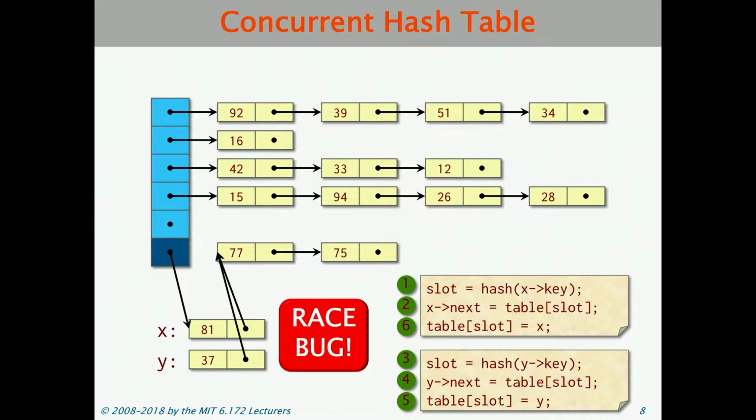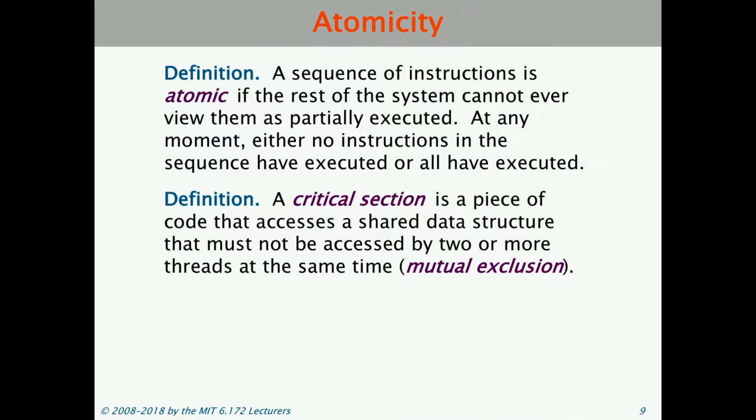So the standard solution to this is to make some of these instructions atomic. What that means is the rest of the system can never view them as being partially executed. So either all of them have been executed or none of them have been executed at any point in time as far as the rest of the system is concerned.